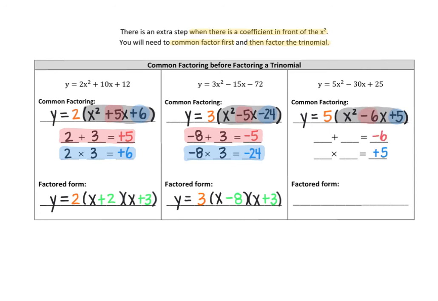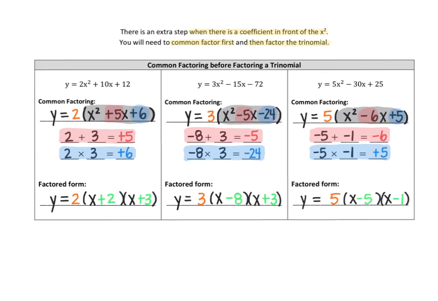Negative 5 and negative 1 will work. Negative 5 plus negative 1 gives us negative 6, and negative 5 times negative 1 gives us positive 5. Our factored form will be y equals 5, and then in brackets x minus 5, and in the next set of brackets we'll have x minus 1.